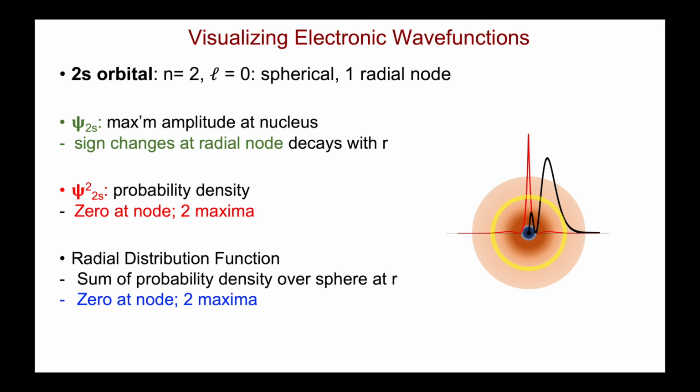The radial distribution function, the sum of the probability density over a sphere at r, also has a radial node. Again, it takes a value of 0 at the node, and we have two maxima in the RDF. Here's my first, here's my second, and actually the second peak in the RDF is significantly larger than the first.